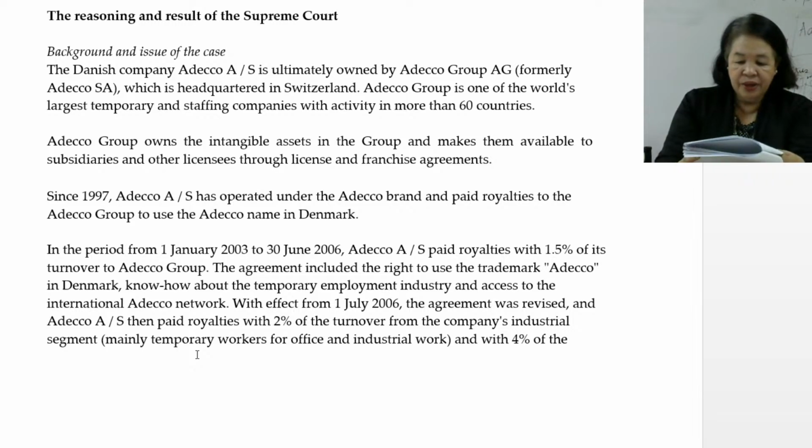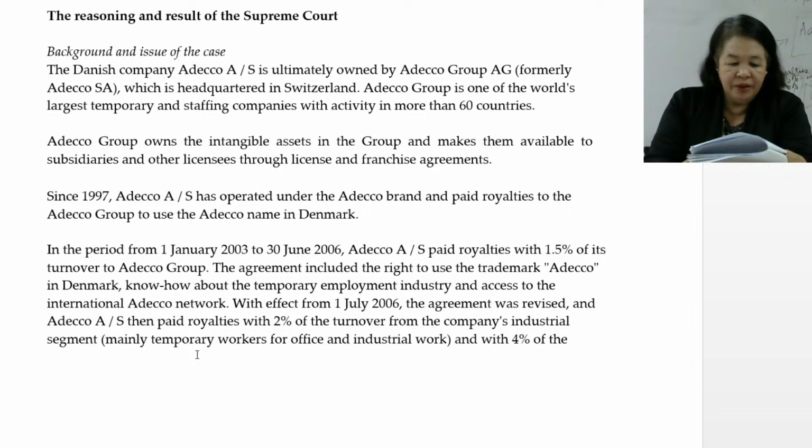Okay, so with effect from July 2006, the agreement was revised and Adecco then paid royalties with 2%, no? So nag-increase from 1.5 naging 2% na of the turnover from the company's industrial segment, no? Yung mga temporary workers for office and industrial work.